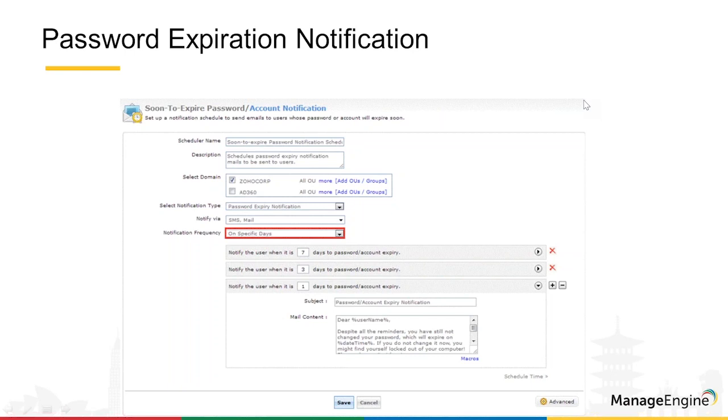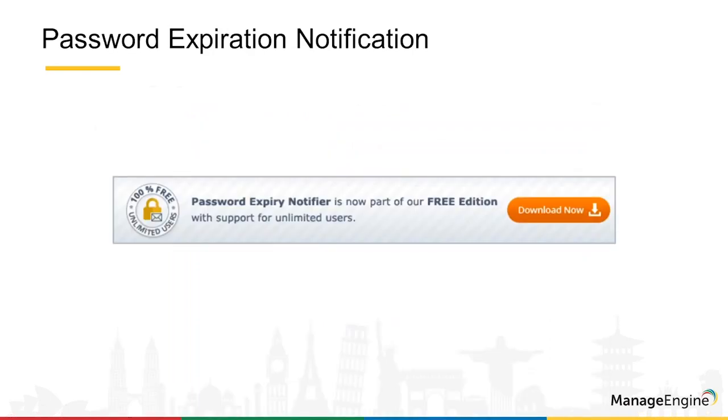And because it's the core, we actually give this away for free, unlimited. You download and install ADSelfService Plus. You can utilize the password expiration notification for an unlimited number of users in your organization, 100% free. It's not time bombed, it's not limited by users, it's 100%, because we feel this is so vital.